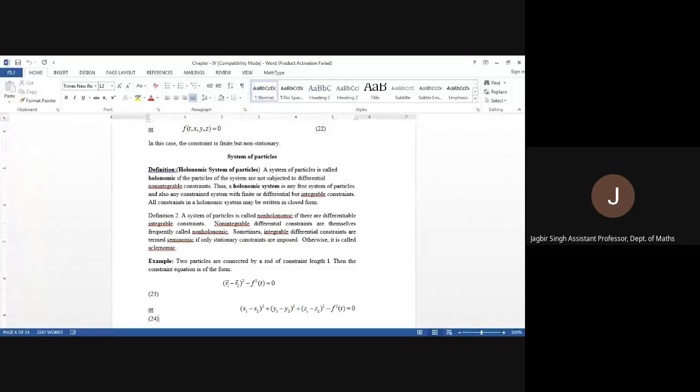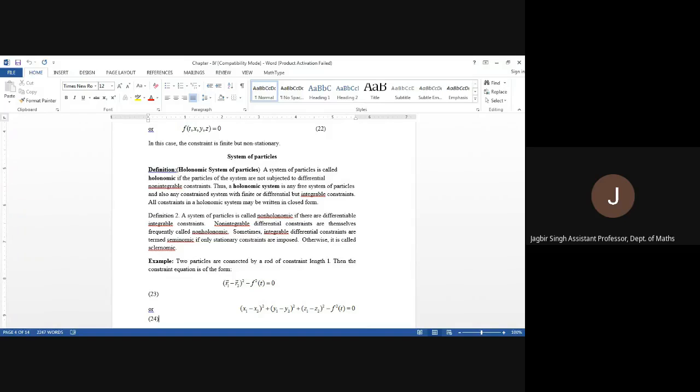It means the differential equation cannot be converted into a finite constraint. Such equations should not be imposed.